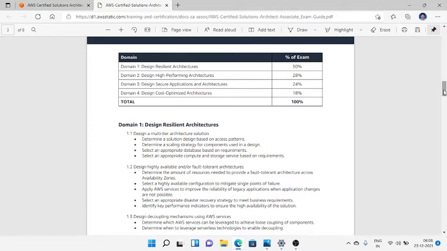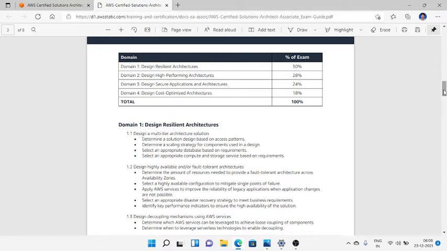Next is domain 3, design secure applications and architectures, 24%. Next is domain 4, design cost optimized architectures, 18%. Overall it is 100%. So what will be in resilient architecture?